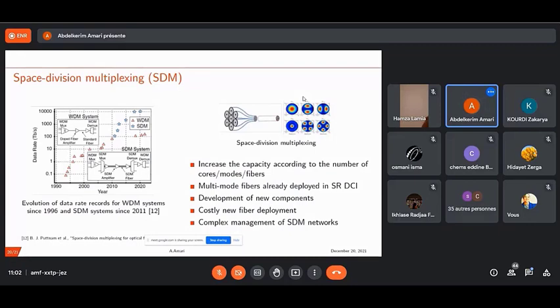Then, in the long term, we can replace that fiber by the new types of fibers. And also another issue is that it is complex to have multi-core with WDM systems and so on.